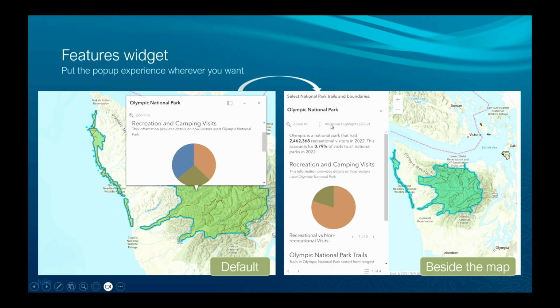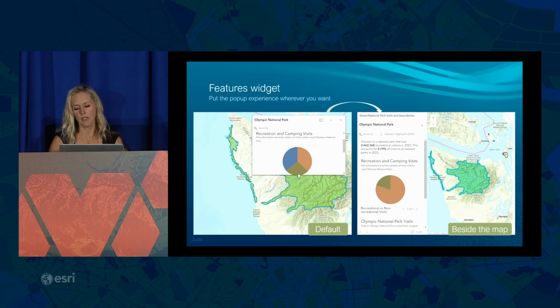This is a custom action that was added. You have paging. If there were related records, you have the whole related records experience, basically the entire experience. Or if you've clicked on multiple features, that all shows up. So you can really think of it as the entire pop-up experience that you've put somewhere else, however you've wanted to design your application using the widget.